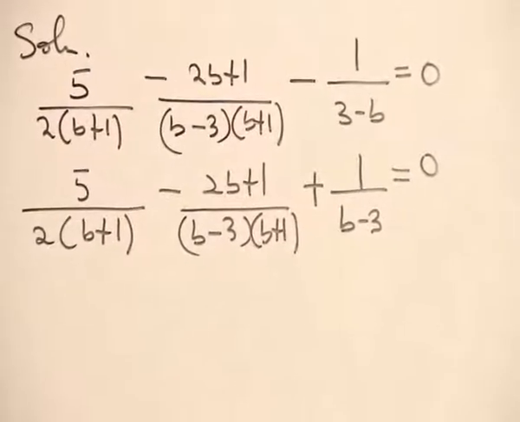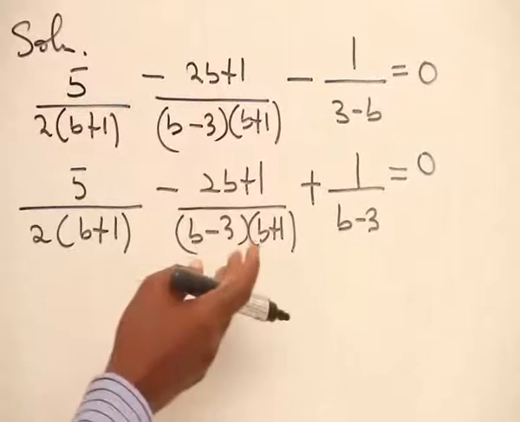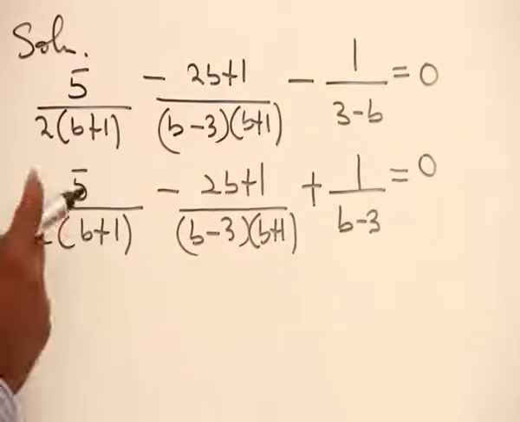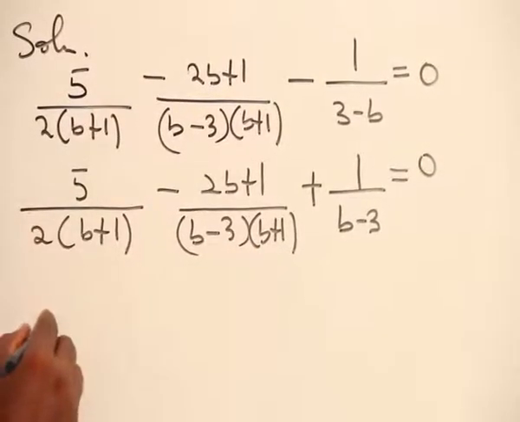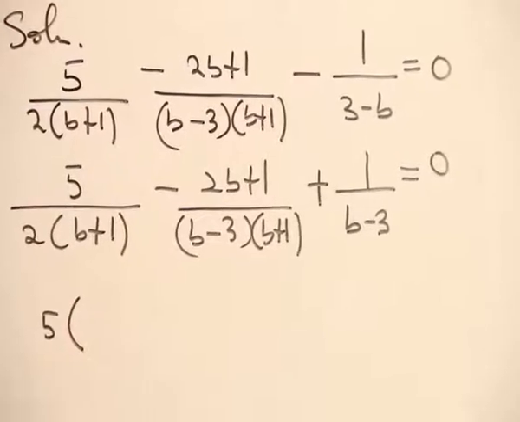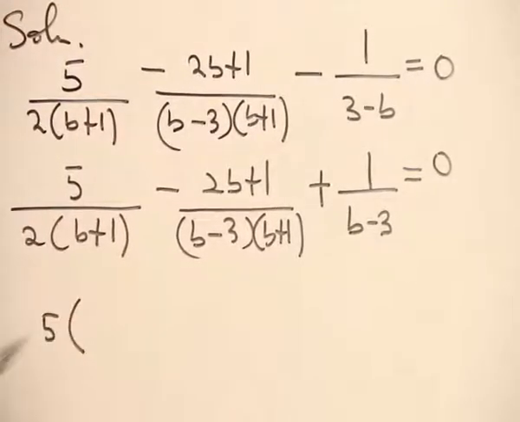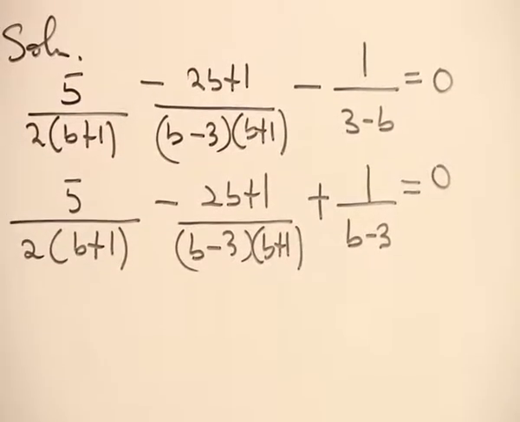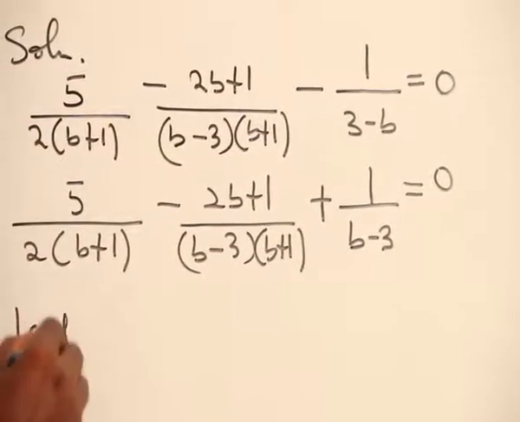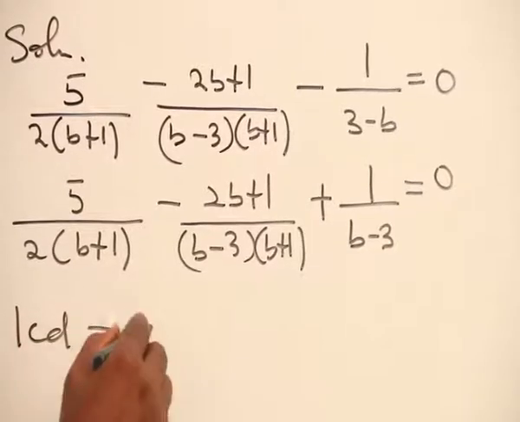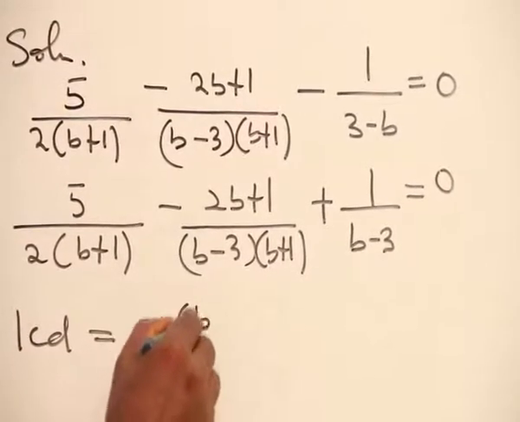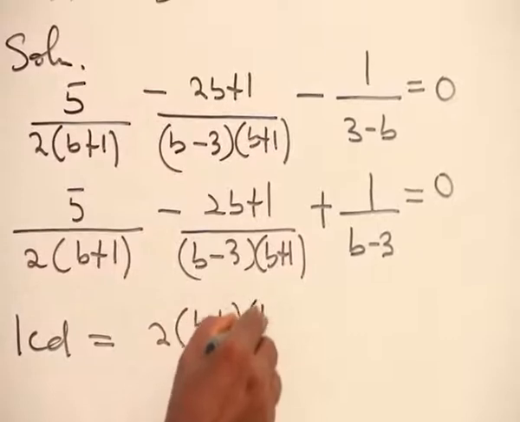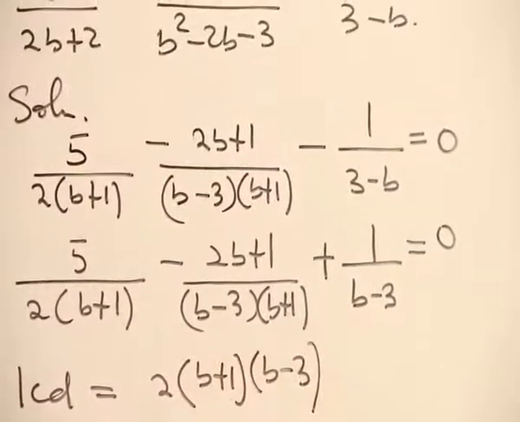At this junction, what we have to do was to write our 5 into, we remember the LCD. And the LCD was 2 into b plus 1 and b minus 3.